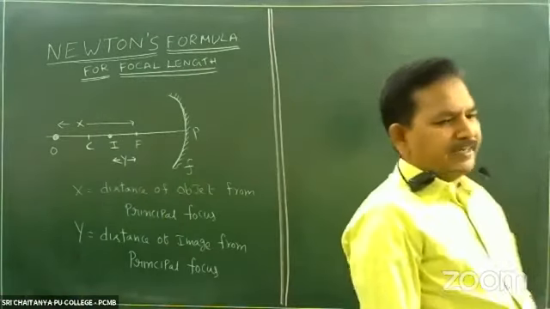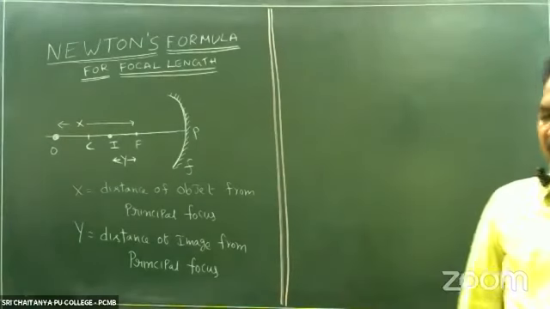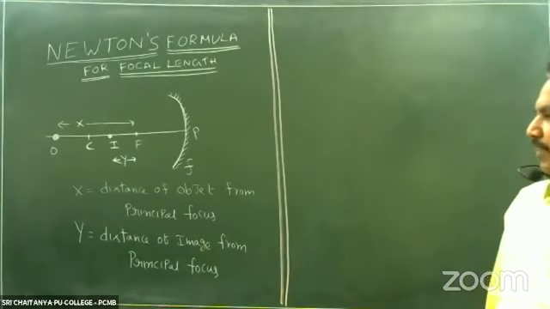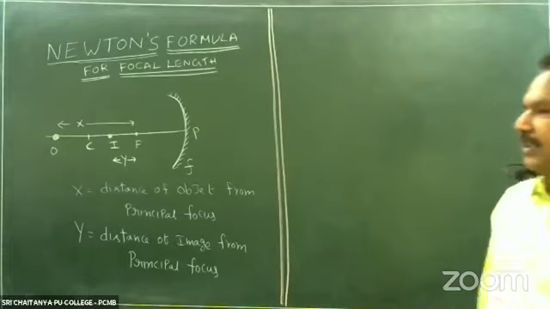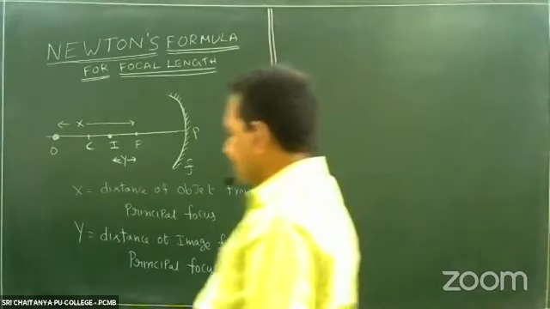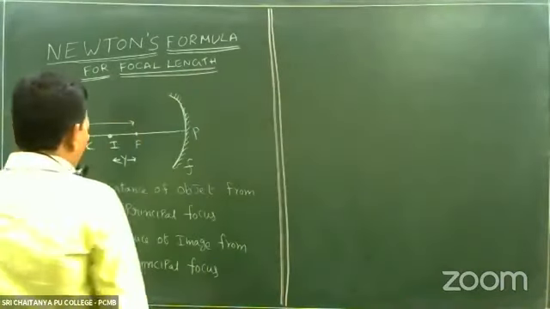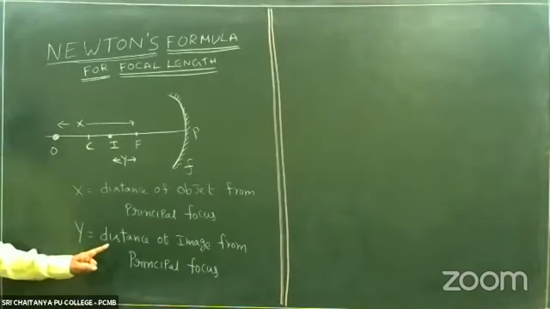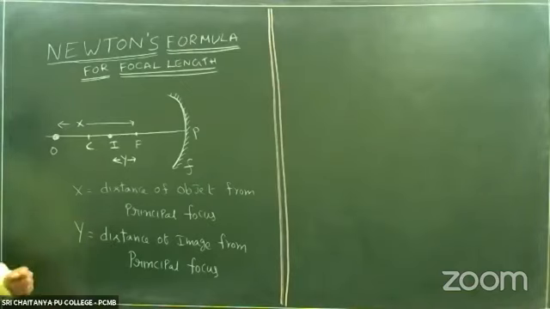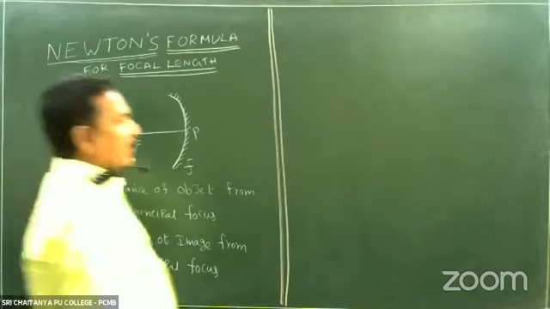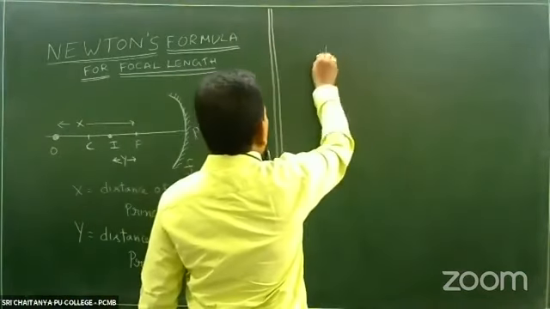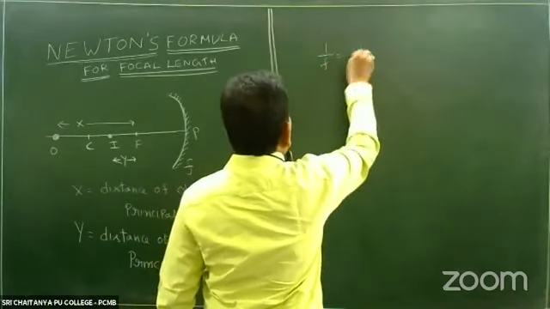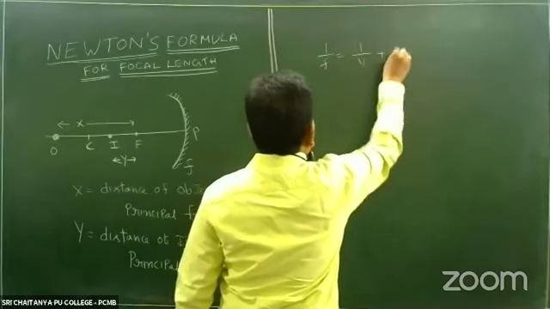Now we have to find the focal length of the given mirror. Therefore, x is the distance of the object from the principal focus, and y is the distance of the image from the principal focus. If u and v are known, what is the formula? Mirror formula: 1 by f is equal to 1 by v plus 1 by u.